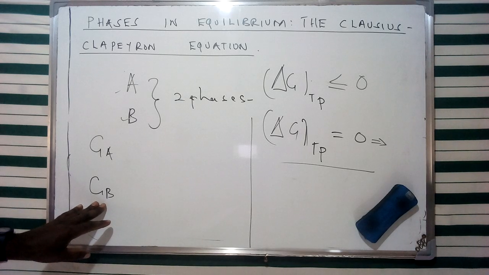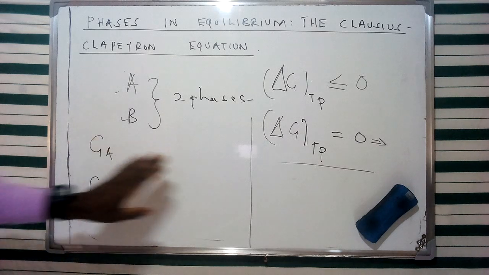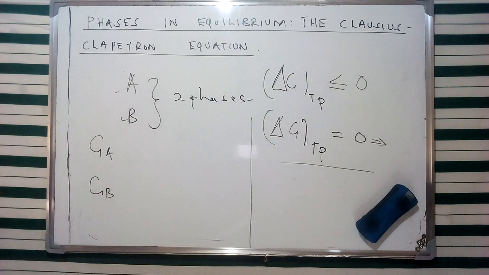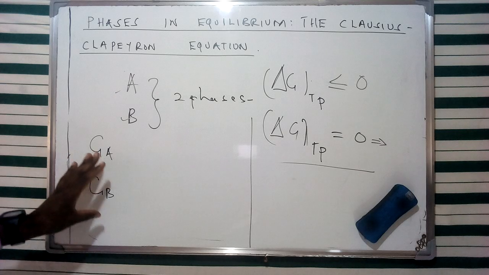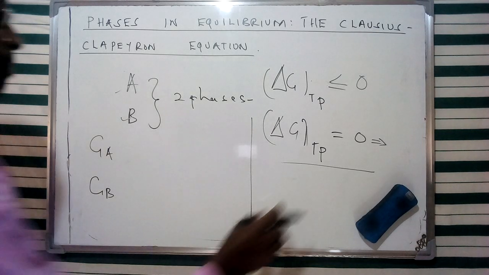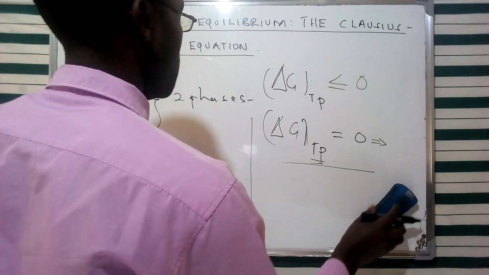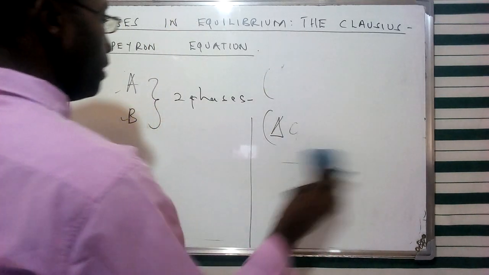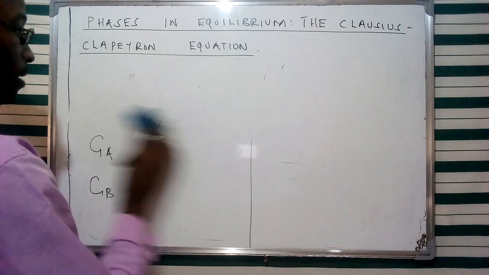Now, a change in temperature is going to result in a significant, corresponding change in pressure. And of course, this is going to ensure that the concept of equilibrium is maintained. Therefore, we can represent the change in temperature or pressure in this case so that equilibrium is maintained as I've mentioned.